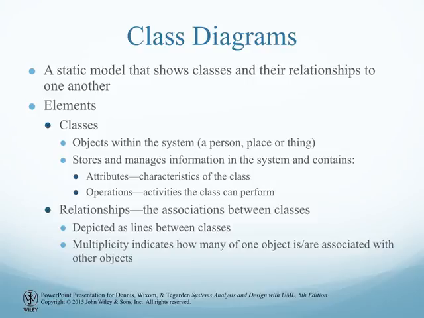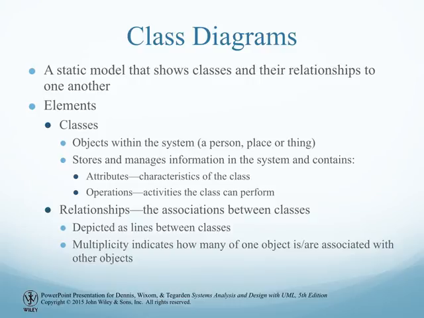The other portion will be the relationships, which should basically be lines drawn between the classes and the other classes. So there'll be different types of lines depending on the kind of relationship that we have. And multiplicity, which I'll mention in the next slide, will indicate how many objects are associated with other objects. And that'll be clear in just a minute.